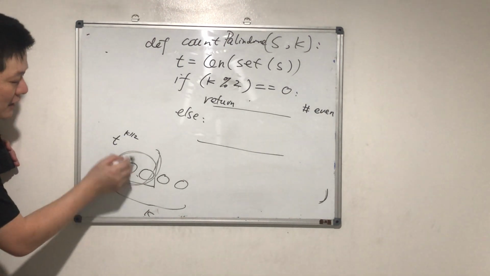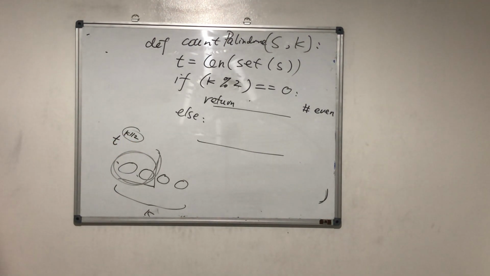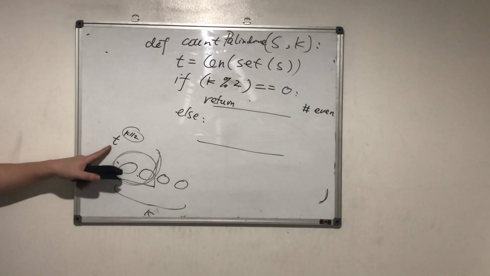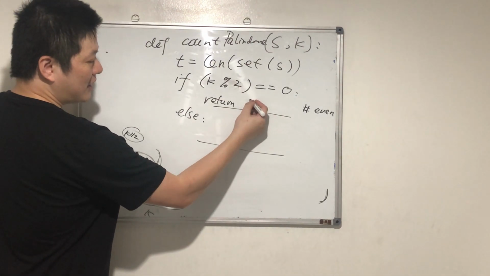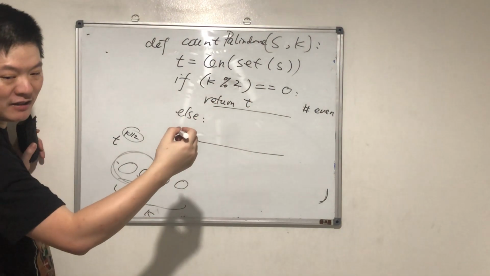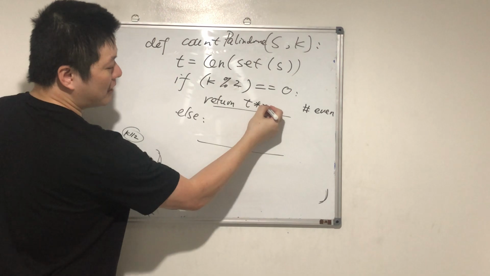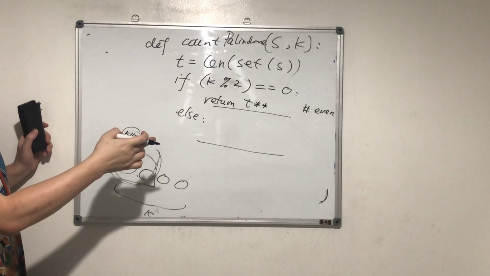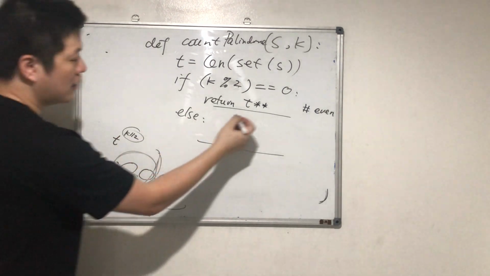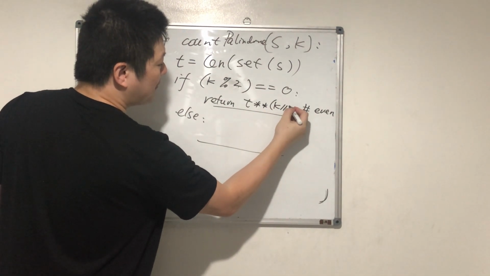So it's T to the power of K divided by 2, right? And how do you calculate this in Python? Remember? You can use the power function or the double multiply. Are you following me? K divided by 2.